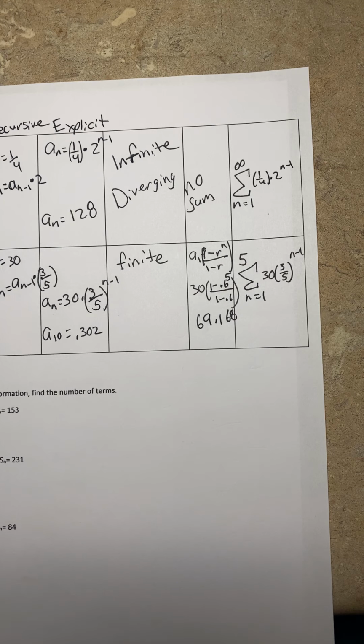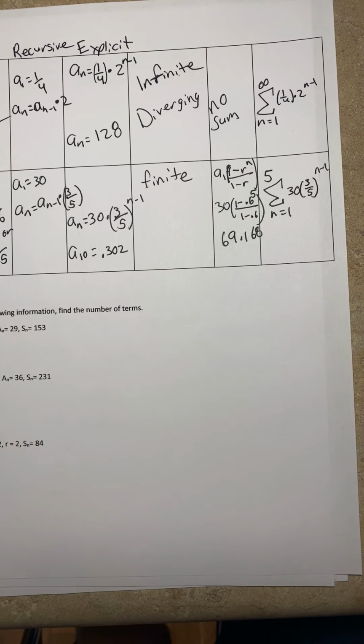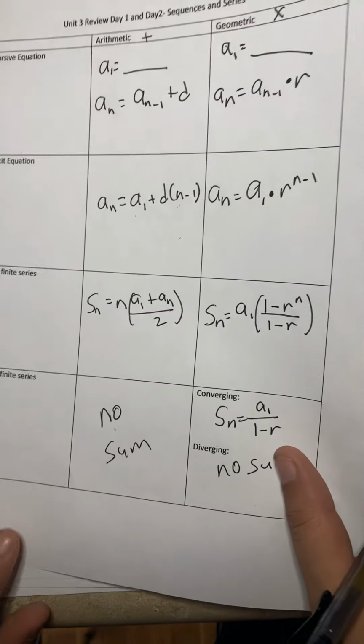All right? So with 8, 9, and 10, given the following information, we want to find the number of terms in the function. For example, number 8 gives me a sub 1, a sub n, and s sub n. A lot of y'all had trouble determining whether that was arithmetic or geometric. Let's look at the sum equations back on our first page.